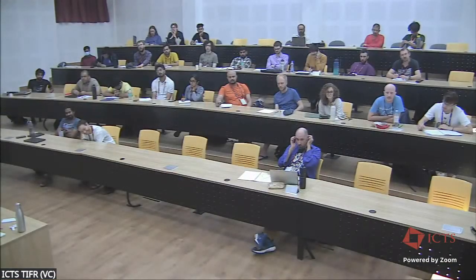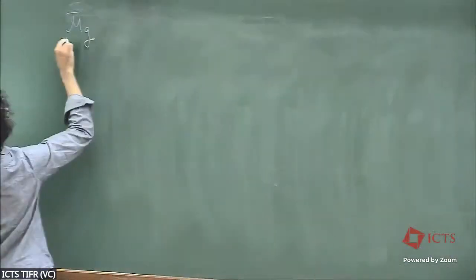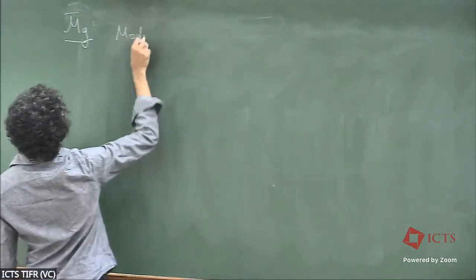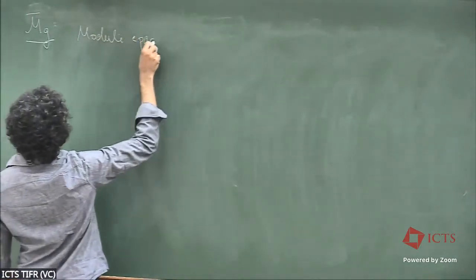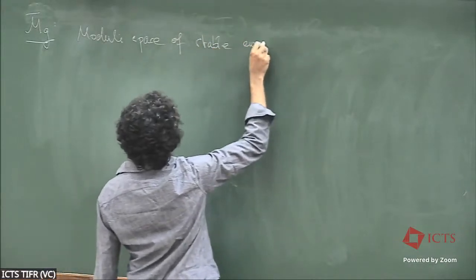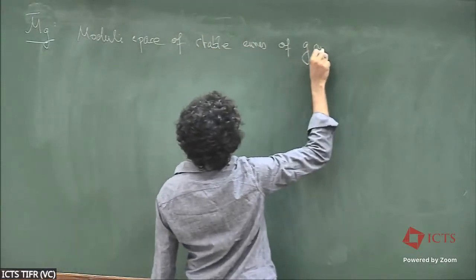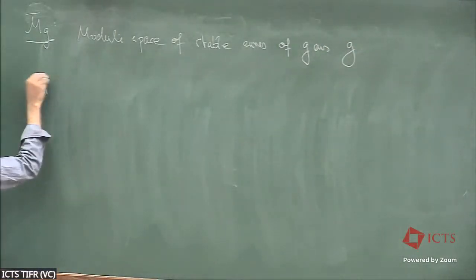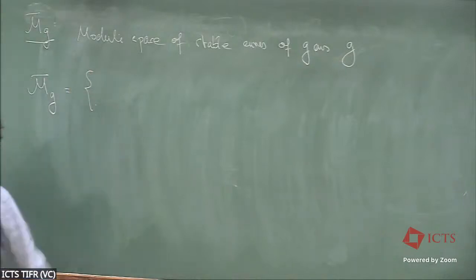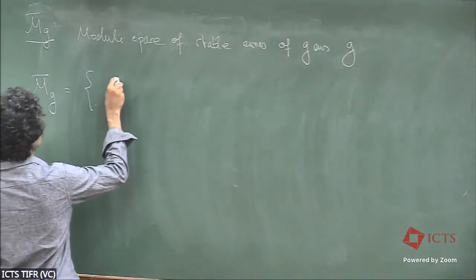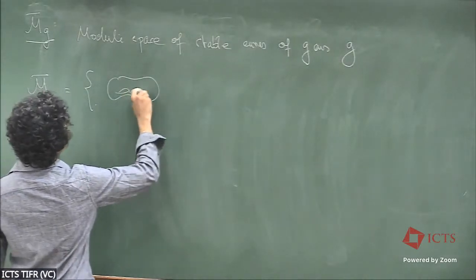Okay, so Deligne and Mumford construct this moduli space Mg bar of stable curves. Stable curves of genus g, which is sort of our main player. Okay, so what is this thing? I'll basically tell you what it is as a set. So it's a nodal curve. Picture.